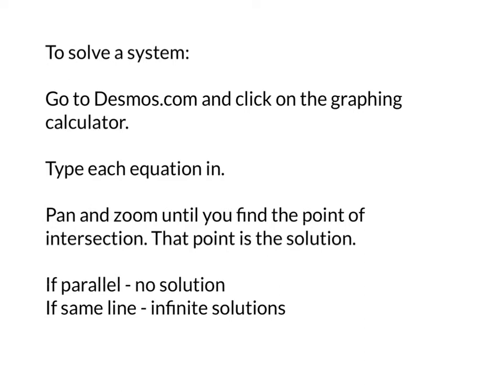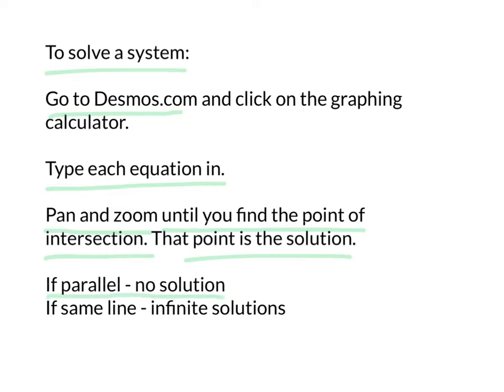So, to do that, to solve the system, go to Desmos.com, choose the graphing calculator. Type in both equations. Then you're going to have to pan or zoom, so move around the coordinate plane, zoom in if you need to, until you find the point of intersection. That point is your solution.